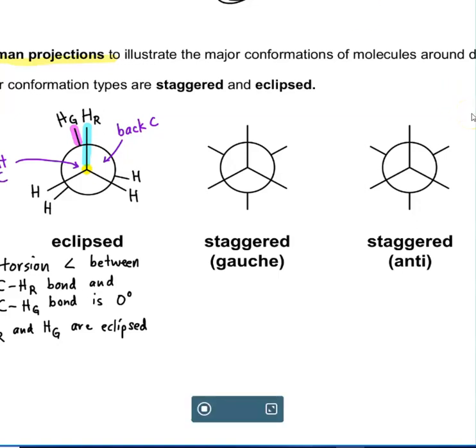Okay, so we kept the front groups in the same positions. So HR is still pointing straight up from our point of view, or from your point of view watching the video. And then we rotated the back groups. And when we did that, we ended up with HG right over here. The torsion angle between the bond to HR from the front carbon and the bond to HG from the back carbon, remember we rotated just 60 degrees, so this is now a 60-degree torsion angle.